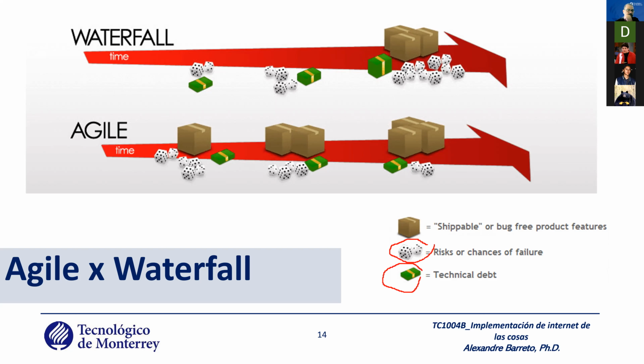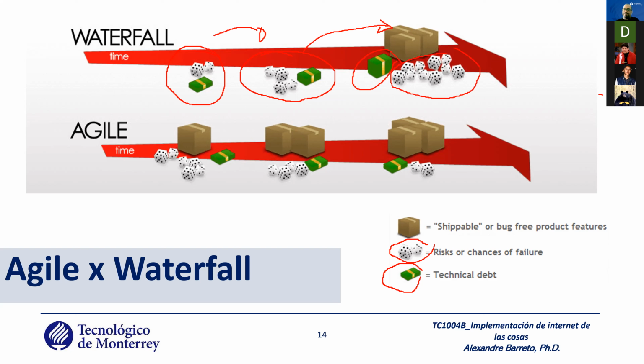In the waterfall, when you start, you have risk and technical debt. During the process, you increase the risk and the technical debt. At the end, you have the deliverable or the product, but you have big money that you need to spend and a lot of risk.